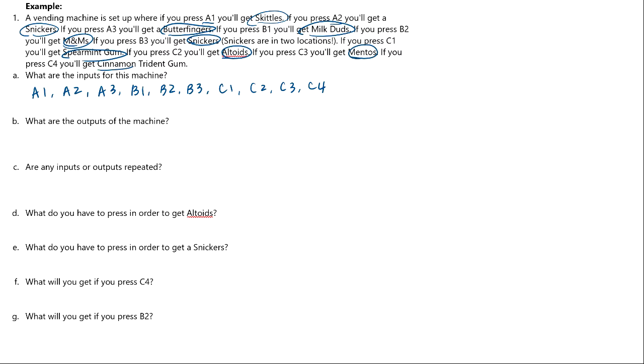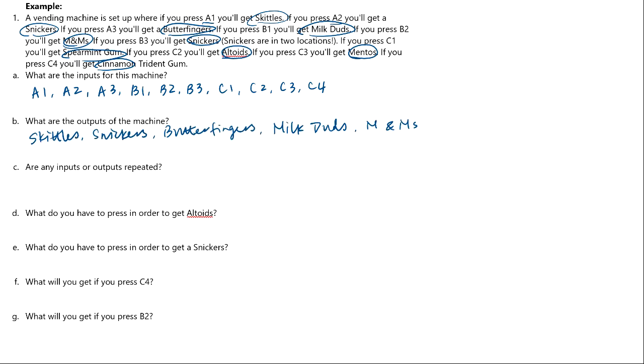Then you have Cinnamon Trident Gum. What I circled are the things the machine could possibly spit out, and that collection of all the possible outputs is what we want to list under part B to answer what the outputs for the machine are. I'm going to take a minute to write down all these outputs while you do that as well.